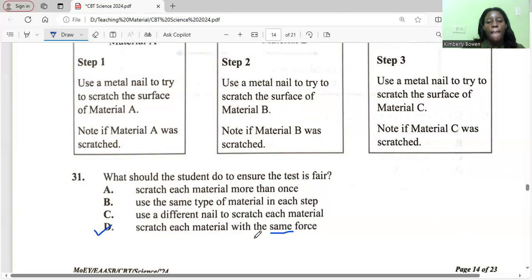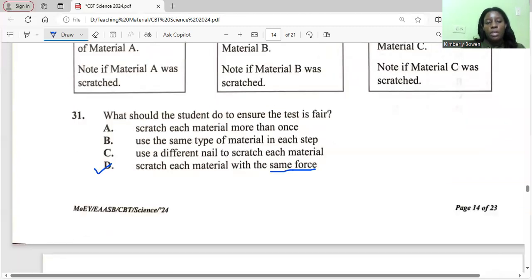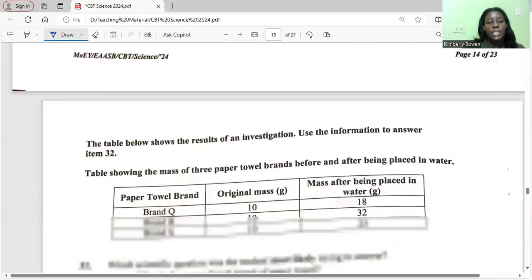This is the phrase that we're looking for, the same force. So we don't need to scratch one material harder than the other to create more indentation. Just the same force to see which material is hardest. One will undergo less indentation. Correct answer D.